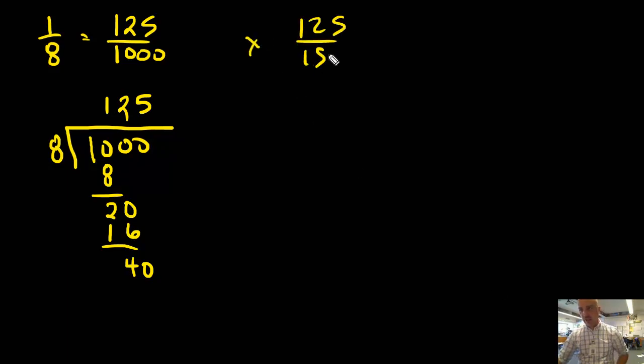So 1/8 could equal 125 thousandths, right? You see that? 1,000 divided by 8, 125. I can get it by multiplying by 125 over 125.